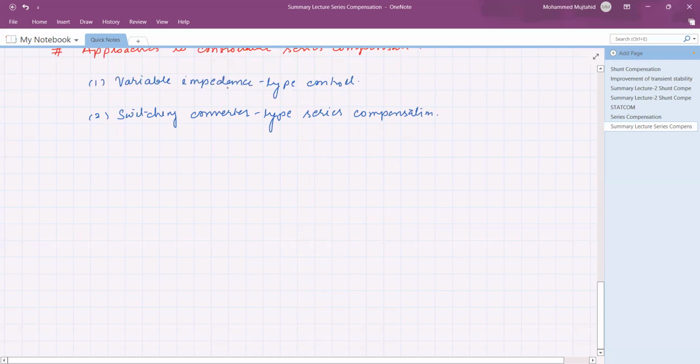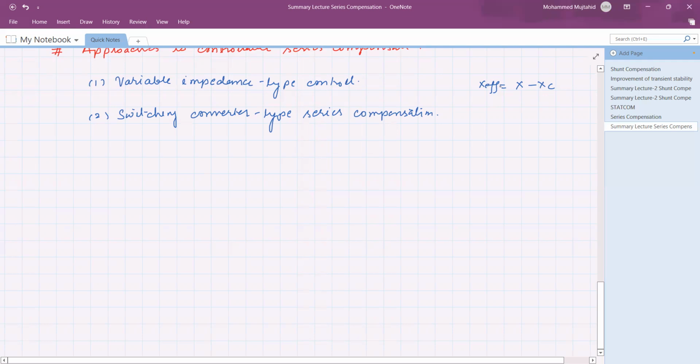The variable impedance type is nothing but what we have discussed in the concept of series compensation. We are going to obtain the X equivalent or X effective, which is equal to X minus XC. Meaning we insert some capacitor value in series with the transmission line in such a way that a portion of the reactance is cancelled out with the help of the capacitor, and it is also called line length compensation.